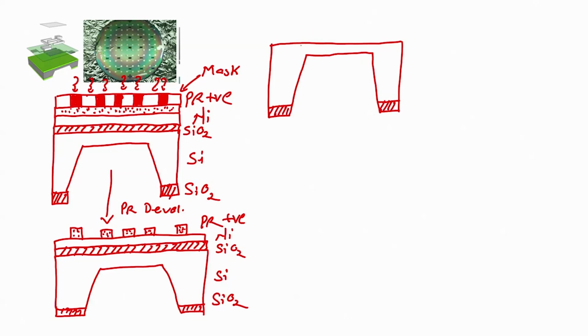If I etch nickel, right, the nickel will get etched wherever photoresist was not there, right.